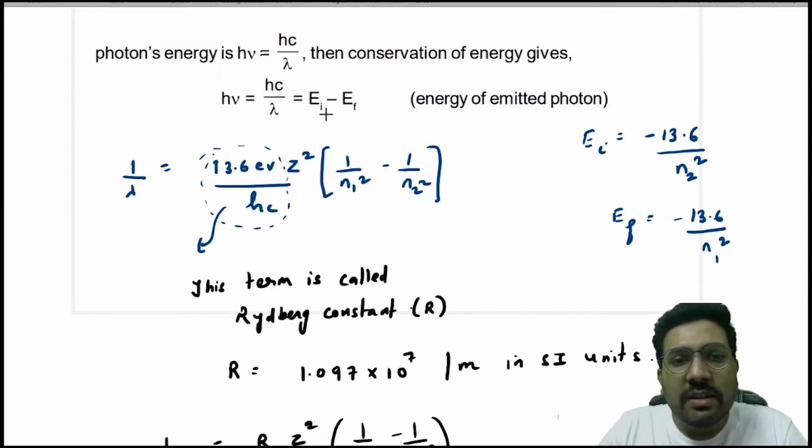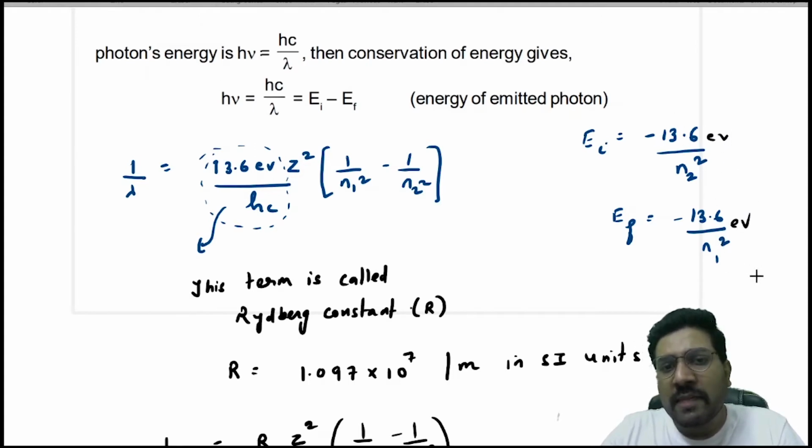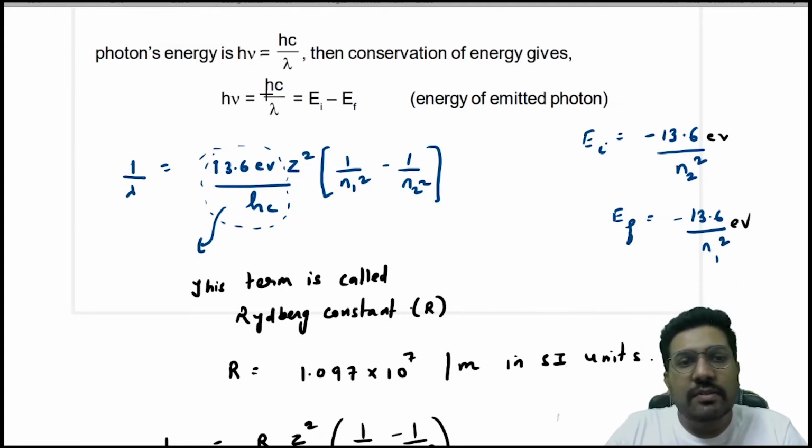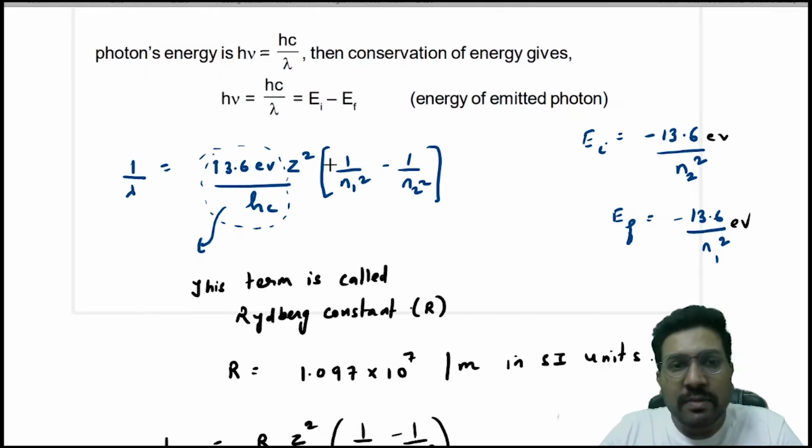So E initial minus E final can be written as 13.6 common, 1 by n1 square minus 1 by n2 square, and that is equal to hc by lambda. So hc by lambda is equal to 13.6 into 1 by n1 square minus 1 by n2 square into Z square.